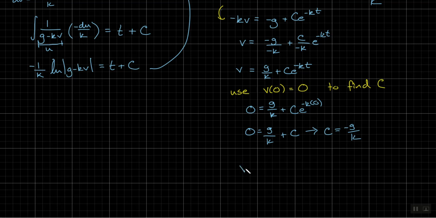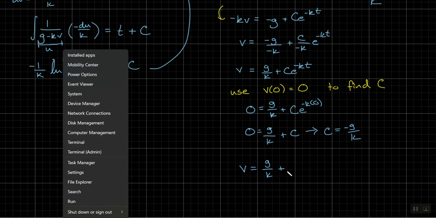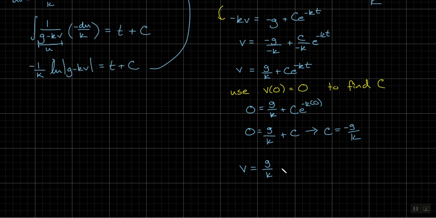So when we write our typical formula, we now have velocity equals g over k minus, or plus rather, I'm going to call it minus. What was C? So plus a negative, minus g over k, times e to the negative kt, right?